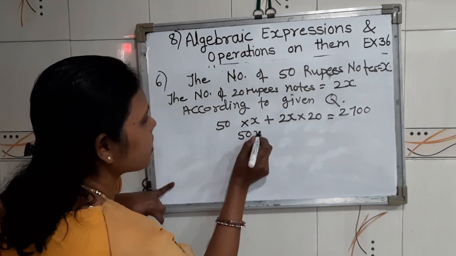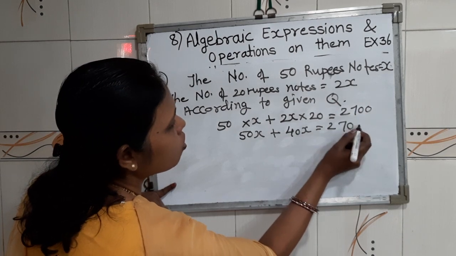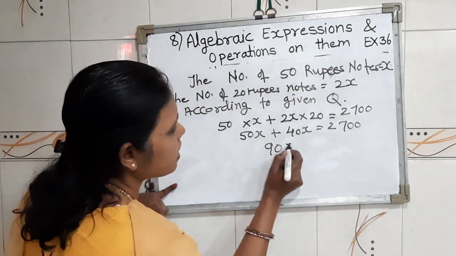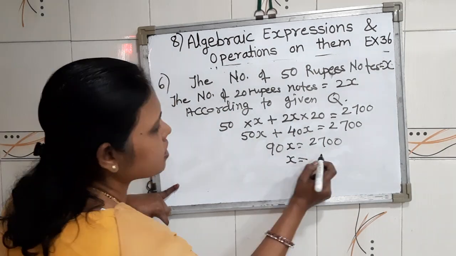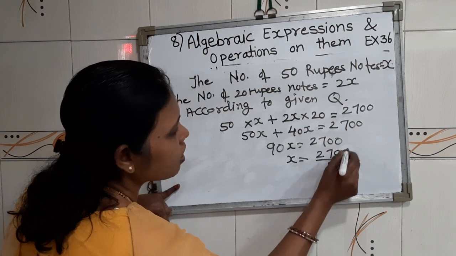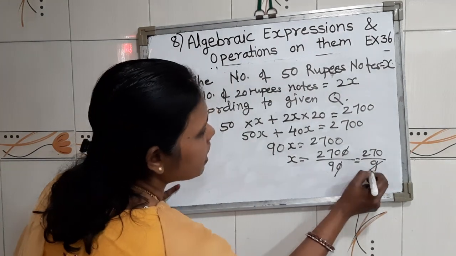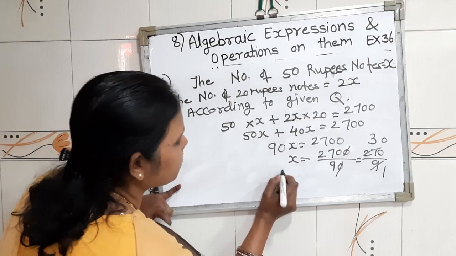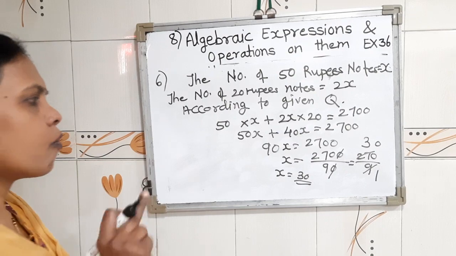Here 50x plus 40x equal to 2700. Addition of both these numbers, 90x equal to 2700. Here 2700 upon 90, 0 cancelled, remaining is 270 upon 9. 9 3 ja 27 and 9 0 ja 0. x equal to 30.